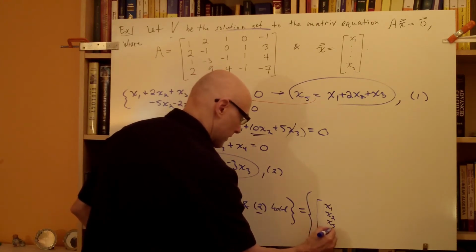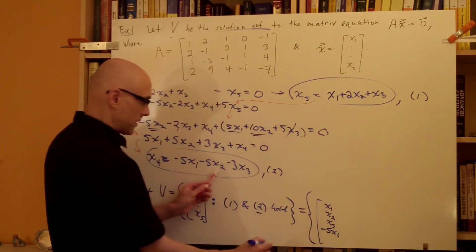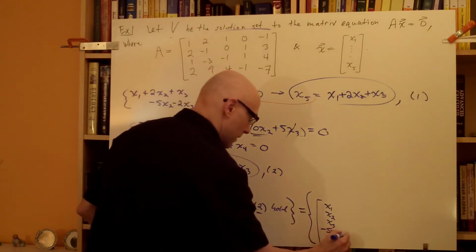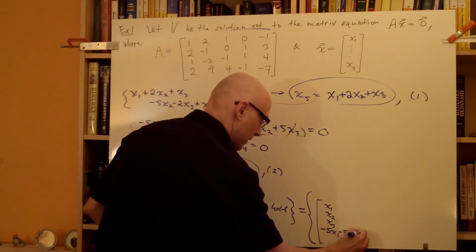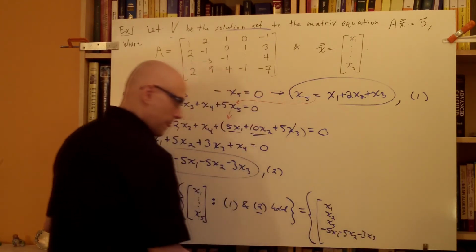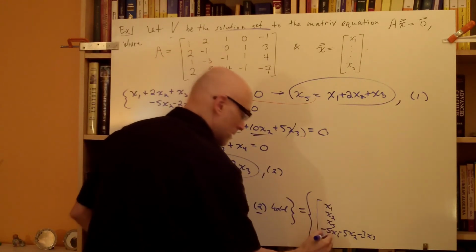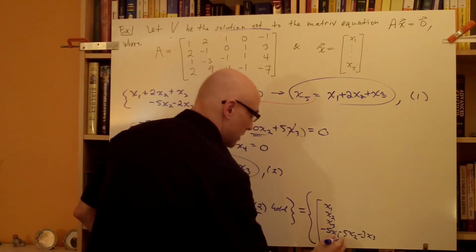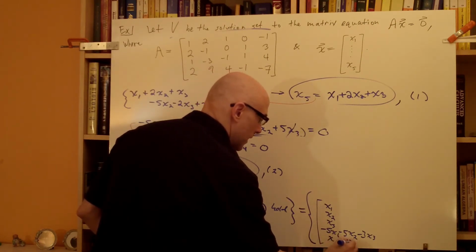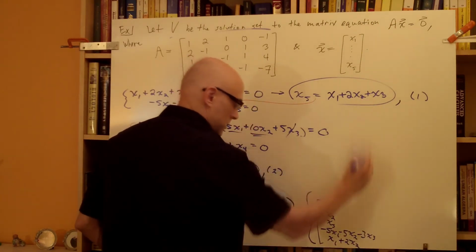It's negative 5x1 minus 5x2 minus 3x3. And then the x5, using equation 1, is x1 plus 2x2 plus x3.